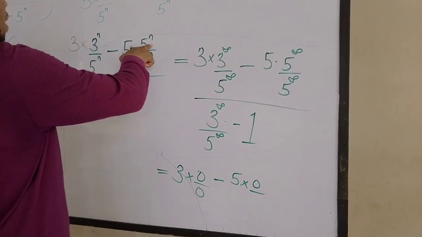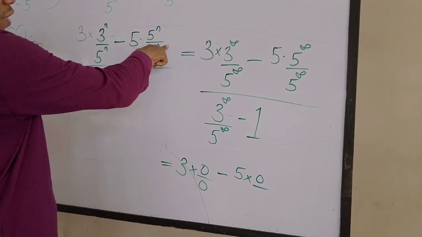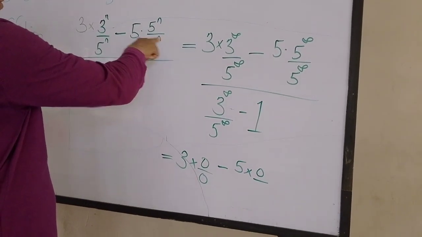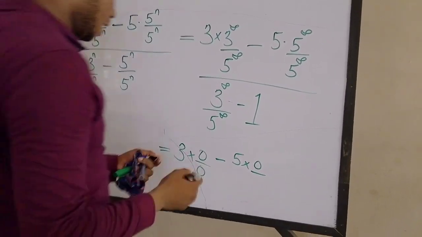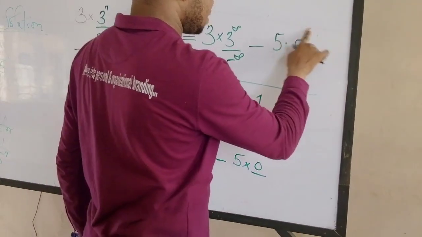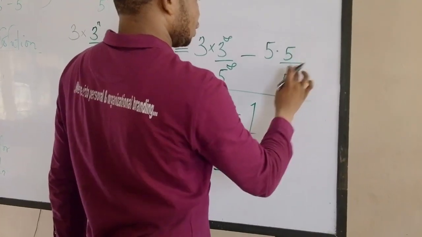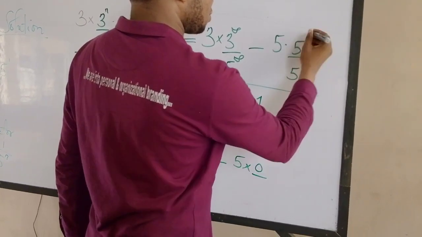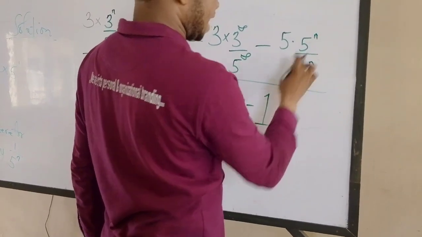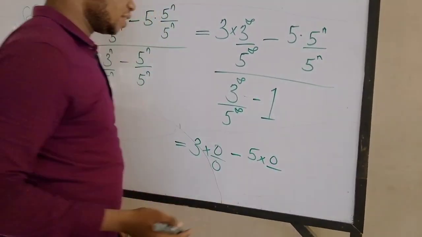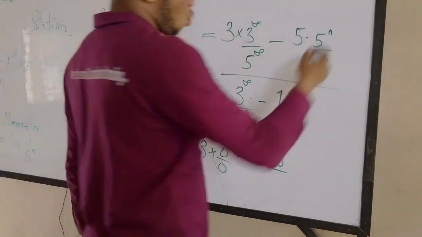This one is 5 raised to power n over 5 raised to power n. Because they are the same, there's no point putting infinity there. So it's as good as 1.